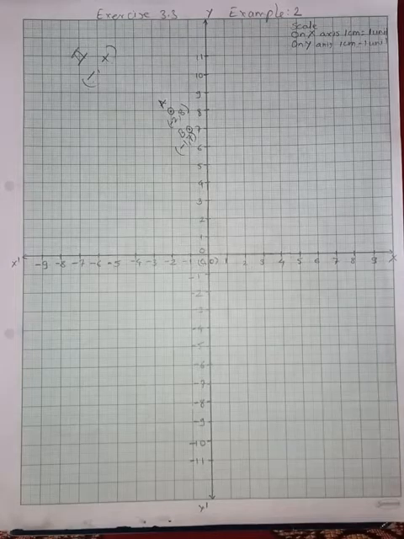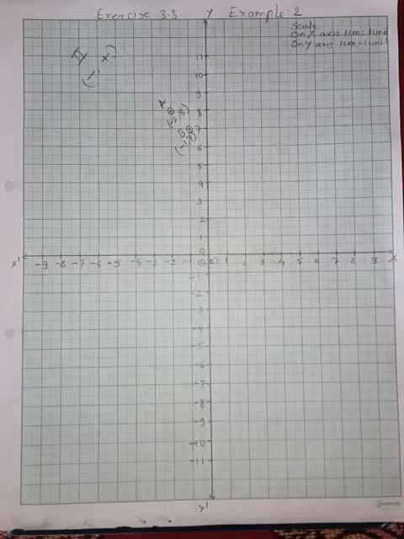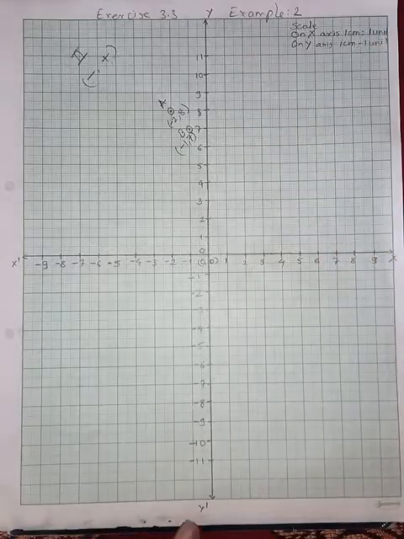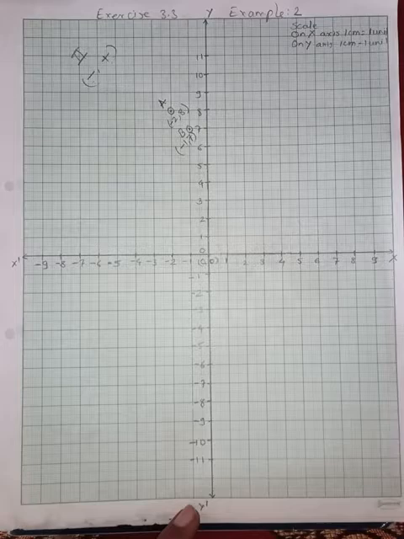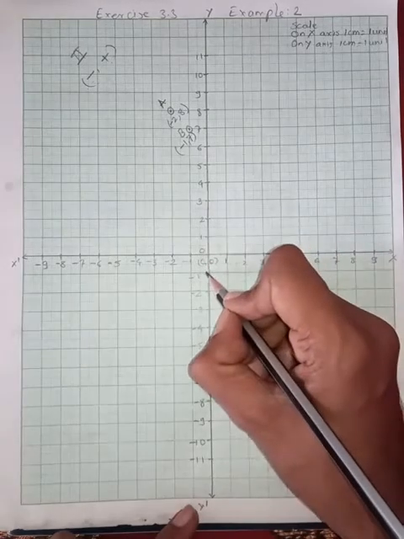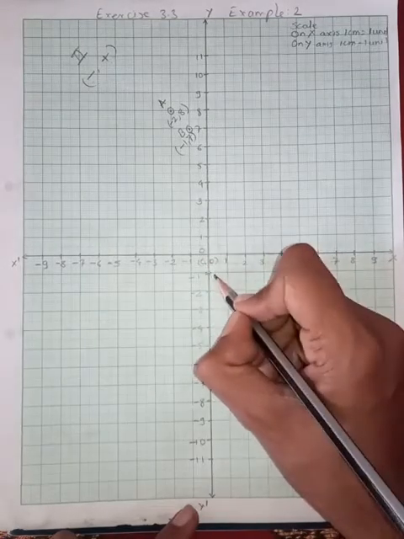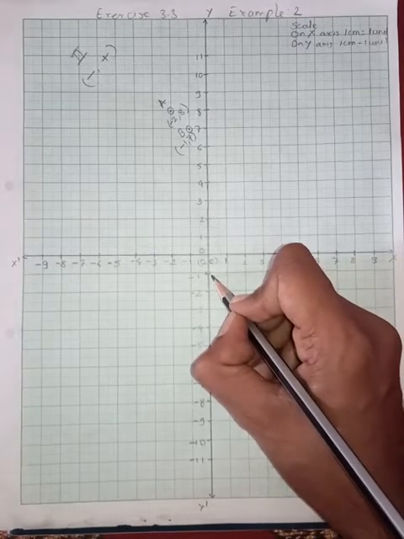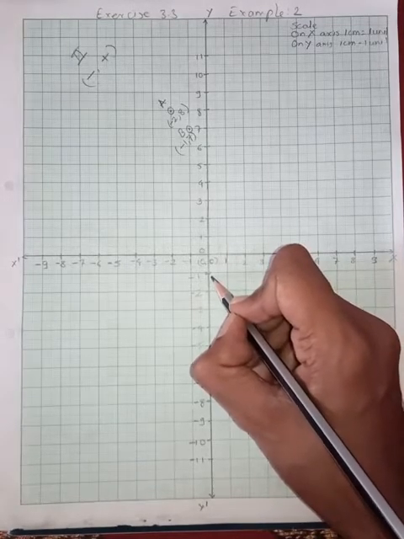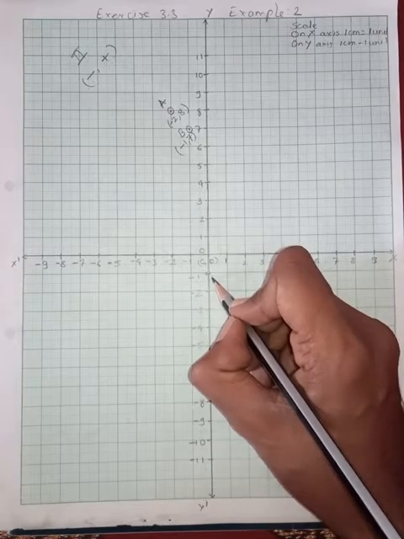Third point is (0, -1.25). So x coordinate is 0. It means the point lies on y axis. And y coordinate is -1.25. Please note this is 1. Small line is 1.1. Second small line means 1.2 and third small line means 1.3.